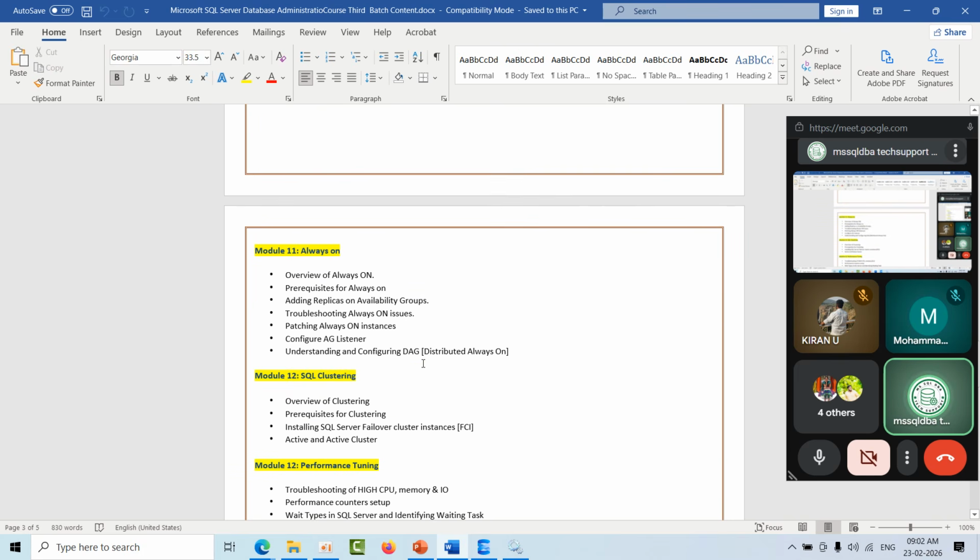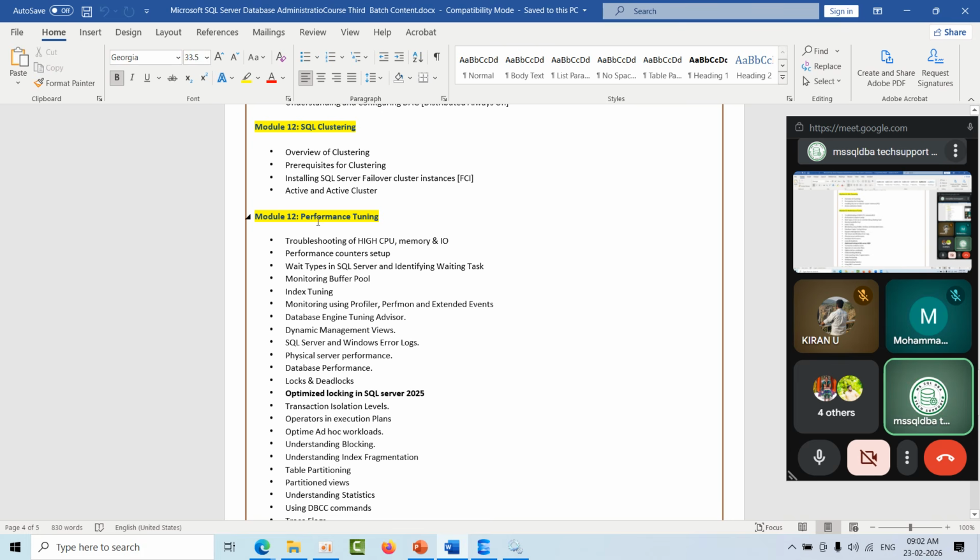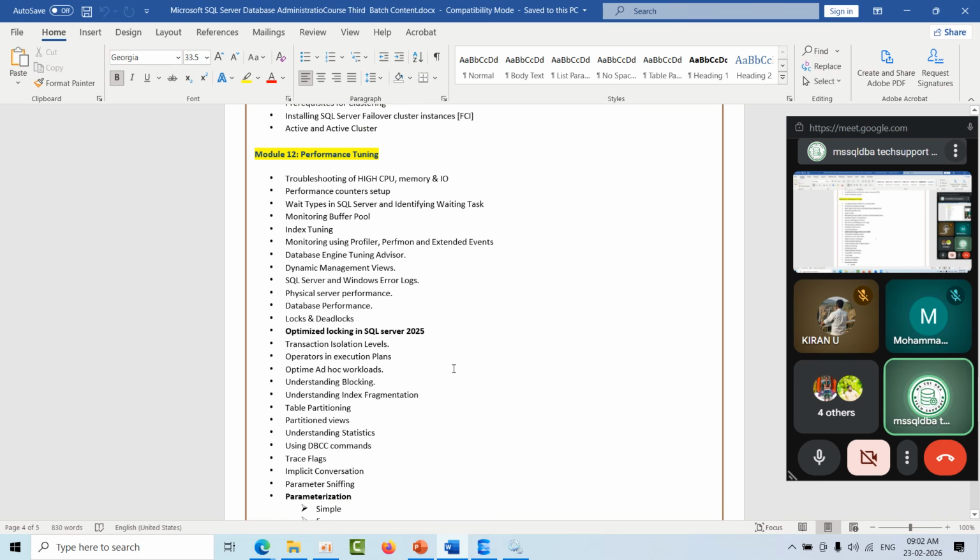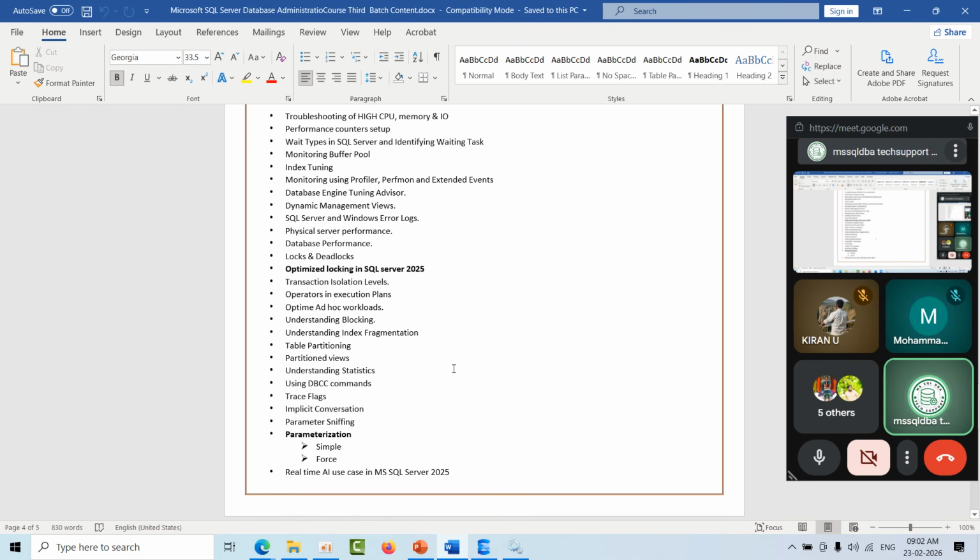Once this is done, we are going to look at level 3: troubleshooting high CPU and IO, how to set up performance counters, what the wait pool and buffer pools are, and the dynamic management views we use in day-to-day DBA life. Also optimized logging, locks, isolation levels, table partitioning, understanding statistics, implicit conversions, and parameter sniffing.